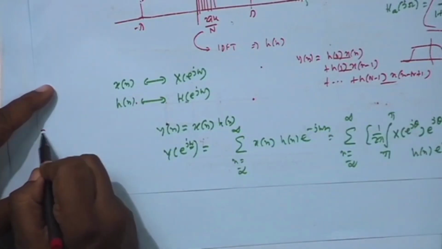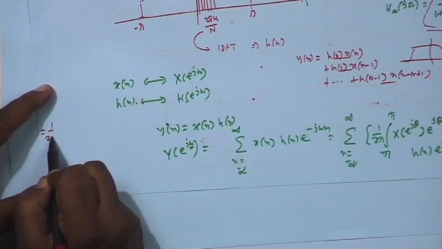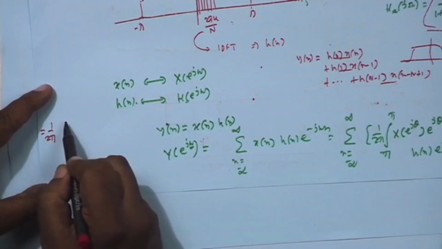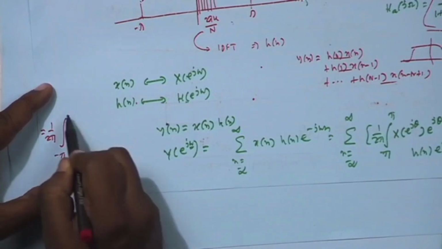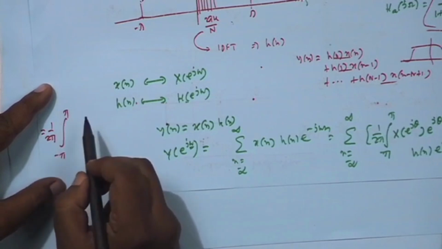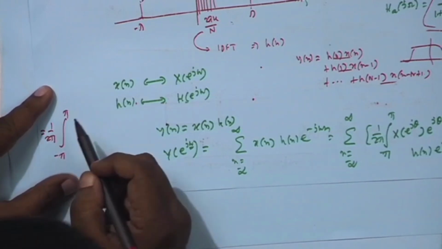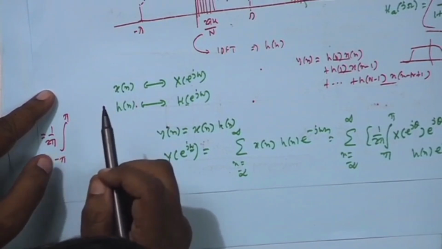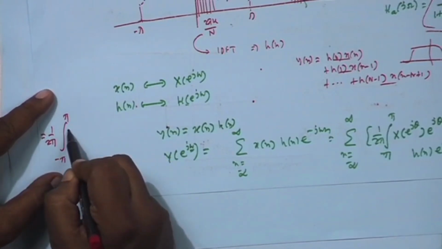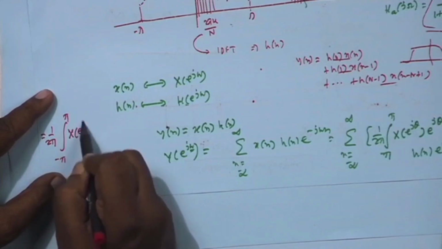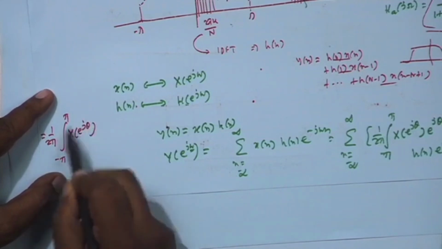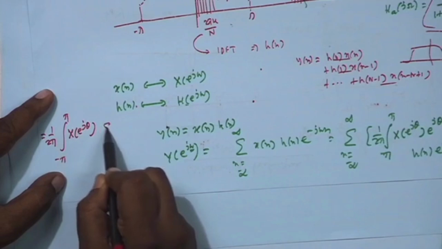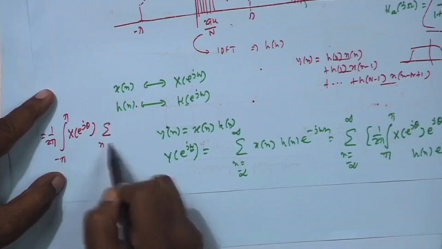that will give rise to this, which is independent of n. So, it will remain outside the summation involving n, and this is a summation that goes over n from minus infinity to infinity.